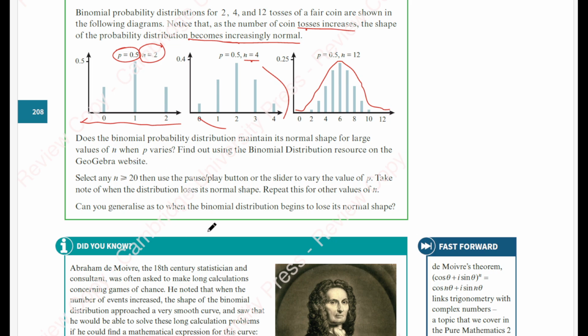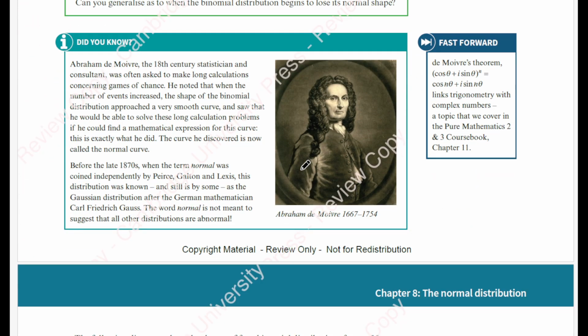But this thing was studied by scientists, and here one important person we can speak about is Abraham de Moivre, who lived in the 18th century. He was basically a statistician and consultant, and he was often asked to make long calculations concerning games of chance.